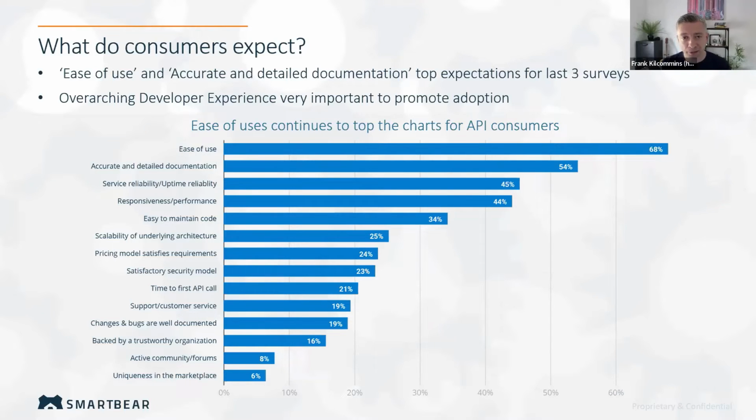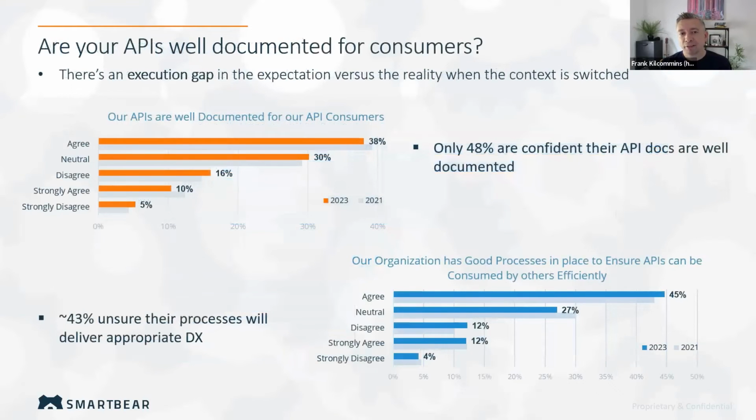responsive, and performant. Given the fact that 75% of us are producing and consuming APIs, and we have such high expectations from a consumer perspective, then surely when we're designing and delivering an API, we will do so in a way that would make ourselves happy as a consumer. Well, what we're seeing is that doesn't necessarily tie up.